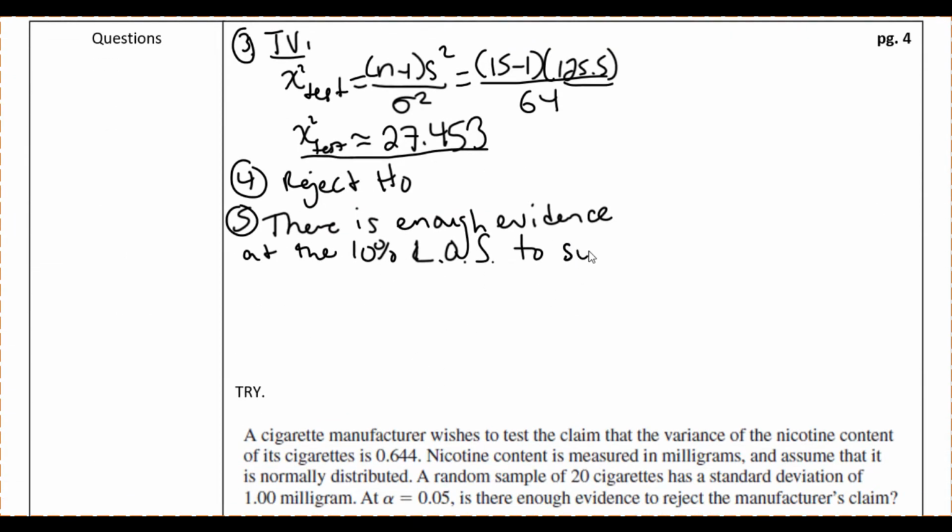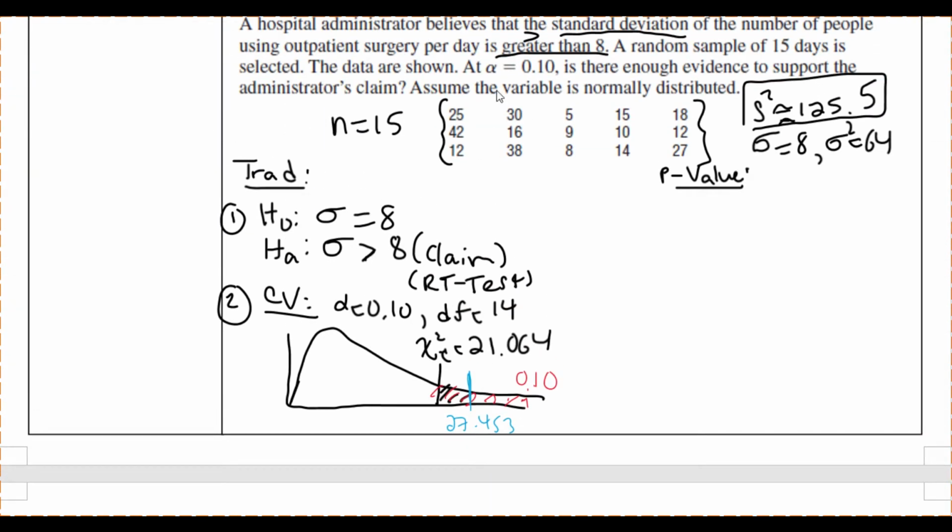So to support the claim that, and then our claim from our problem was that the standard deviation is greater than 8. Standard deviation of people using outpatient surgery is greater than 8.